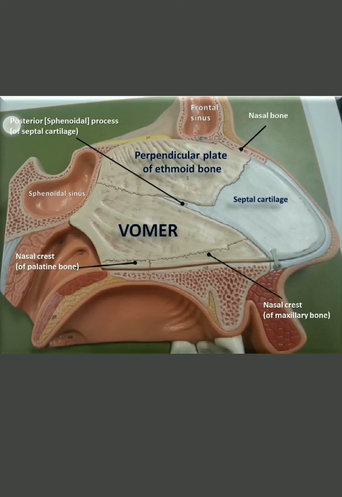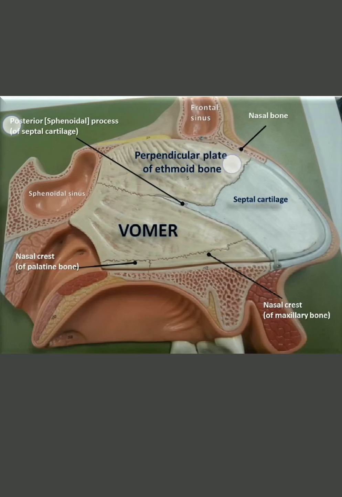In this figure also you can see all the different bones, that is the vomer, the perpendicular plate of the ethmoid, this is the frontal bone, this is the nasal spine of the frontal bone, this is the nasal crest of the nasal bone, this is the nasal crest of the palatine bone and this is the nasal crest of the maxillary bone. This here is the rostrum of the sphenoid.